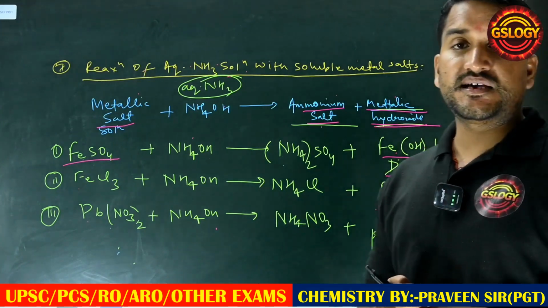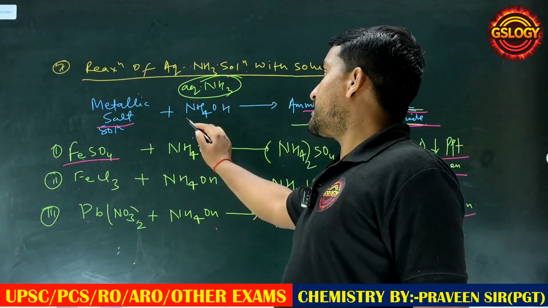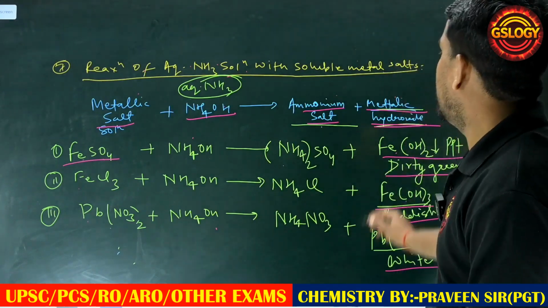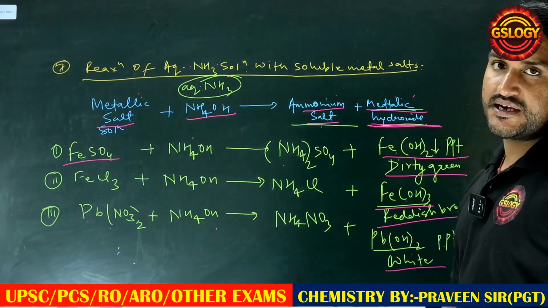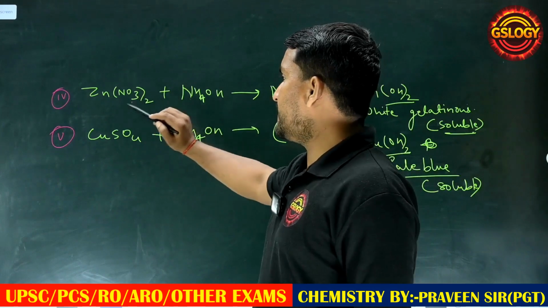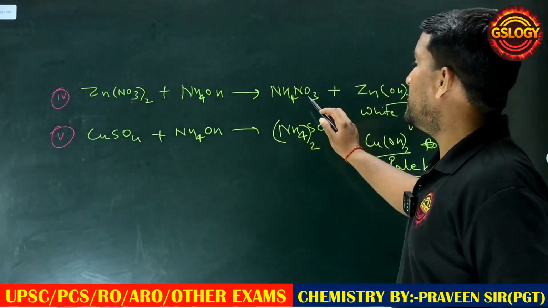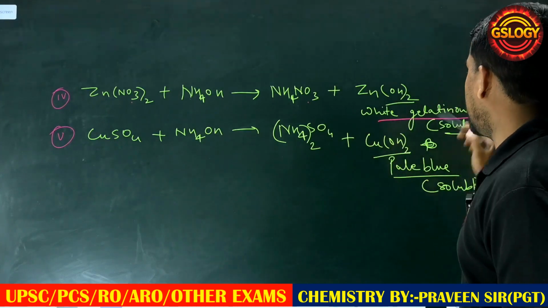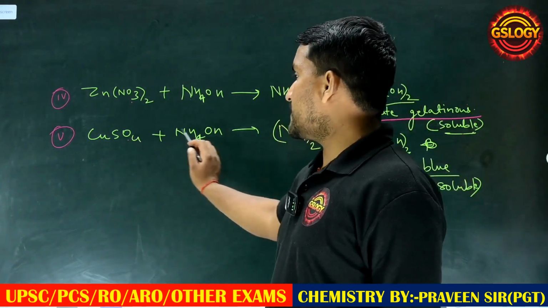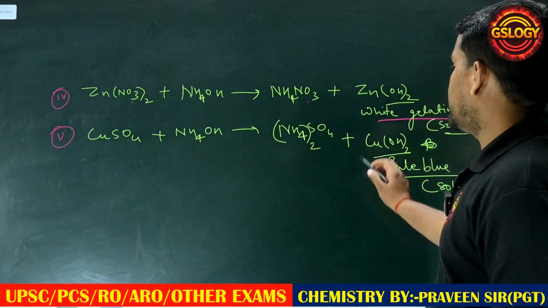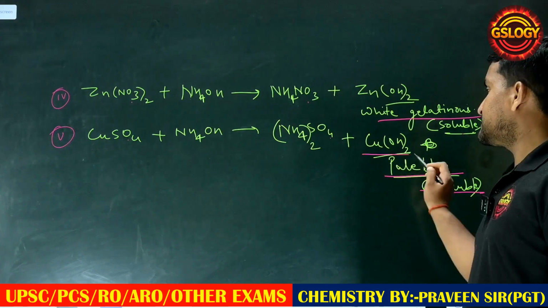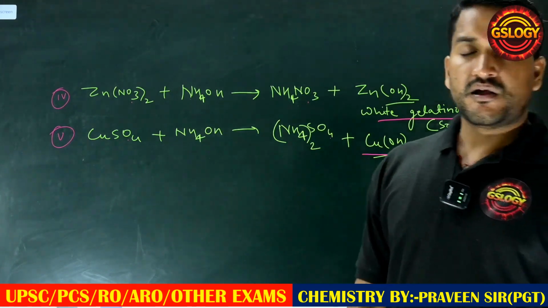So a metallic salt solution reacting with aqueous ammonia gives the ammonium salt and the metallic hydroxide as a precipitate. Similarly, zinc nitrate reacts with ammonium hydroxide to give ammonium nitrate and white gelatinous zinc hydroxide, which is soluble, and copper sulfate reacts with ammonium hydroxide to form ammonium sulfate and pale blue copper hydroxide, which is also soluble.